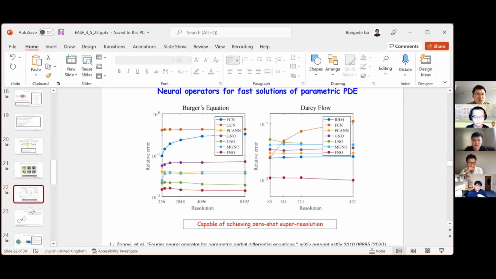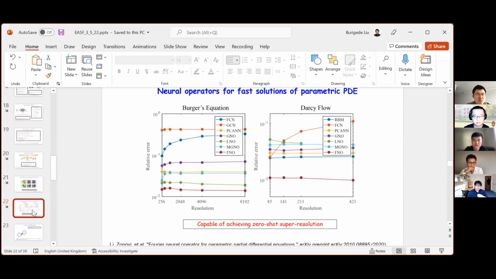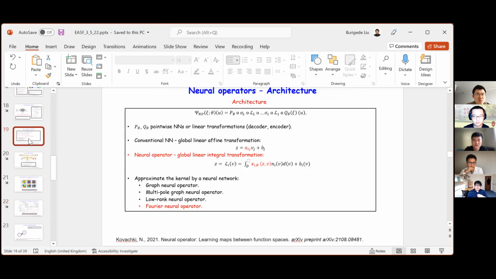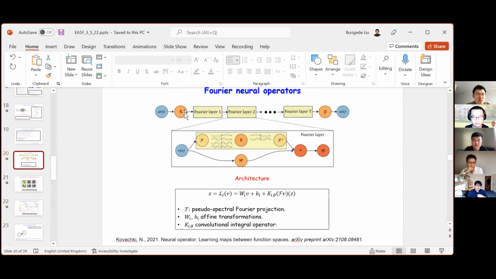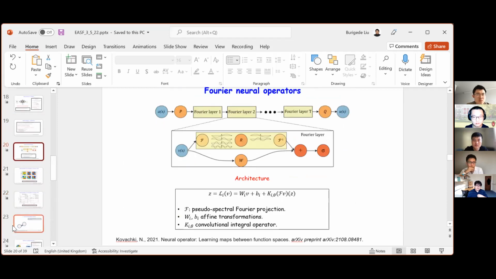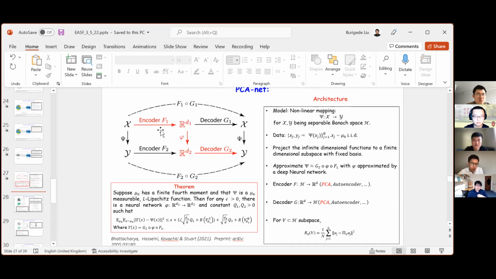But because of this lifting procedure, to trade for expressivity, we lift into a very high dimensional space. In contrast, with this PCA net we compress into a very low dimensional space. That is basically why we choose the PCA net, just for the sake of speed.